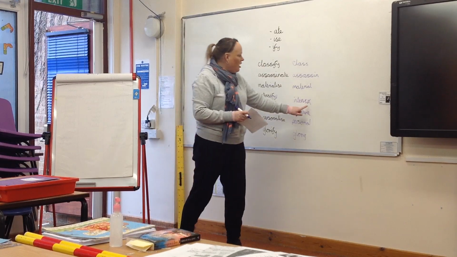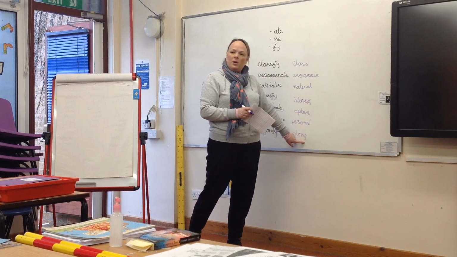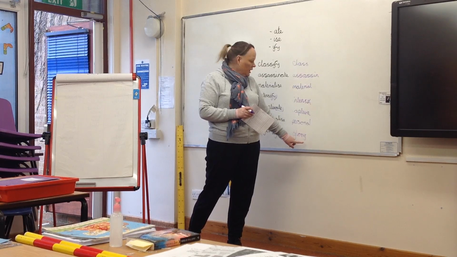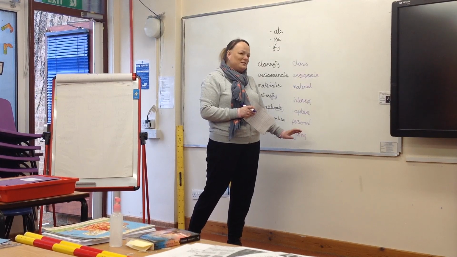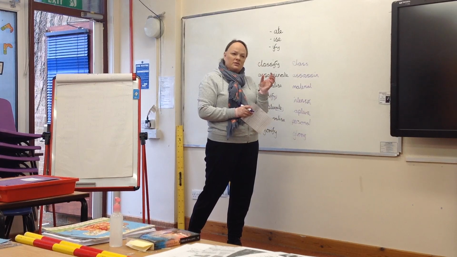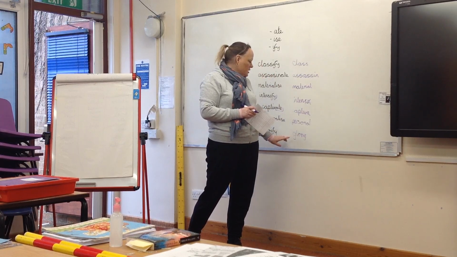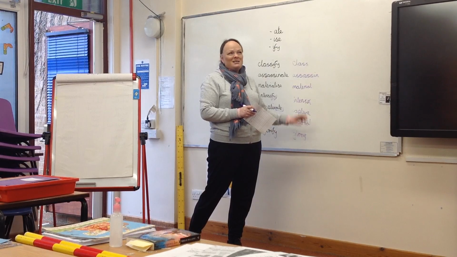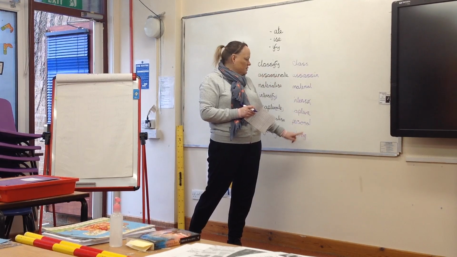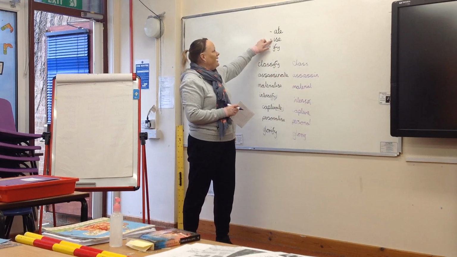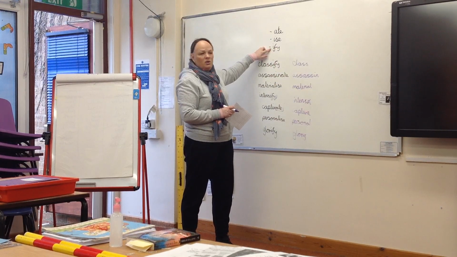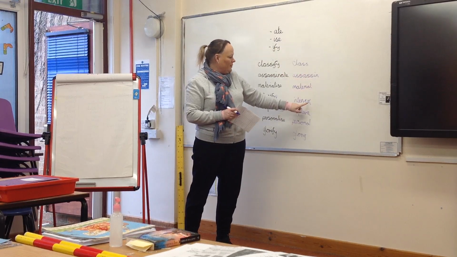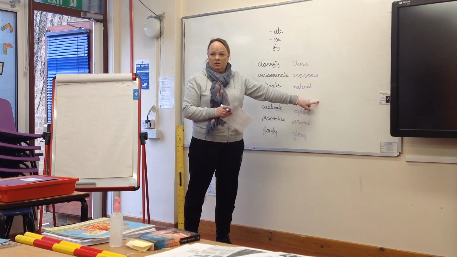And this is where y does a funny job sometimes, doesn't it? I know you don't think a y is a vowel, but you know we've talked about this before, that sometimes when it's on the end of a word, it's making an e sound there, isn't it? So it plays the part of a vowel. So you take it off before you add. Remember, these are vowel suffixes, aren't they? Because they start with a vowel. You wouldn't have two vowels in a row, would you? You wouldn't have e, i, f, y.